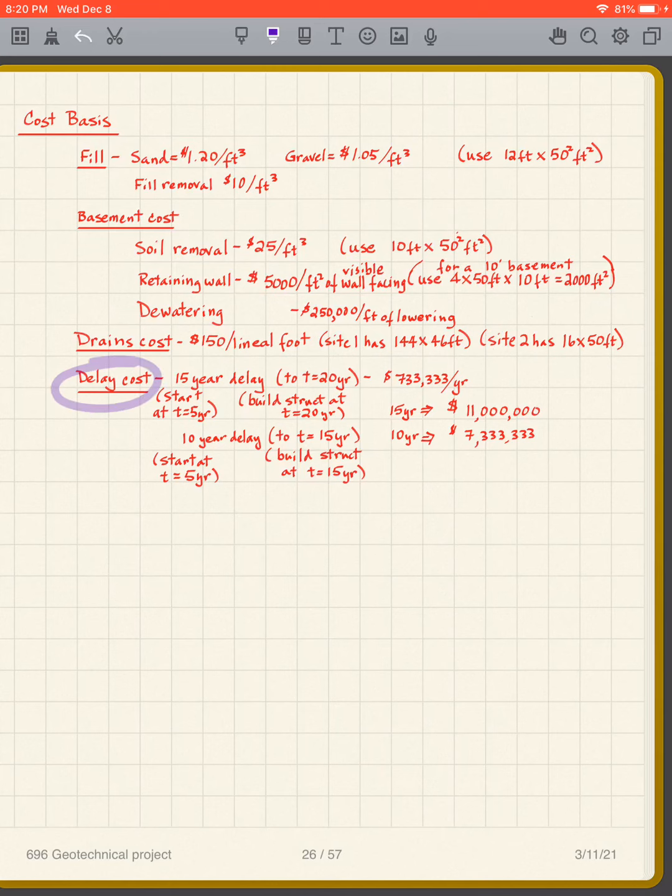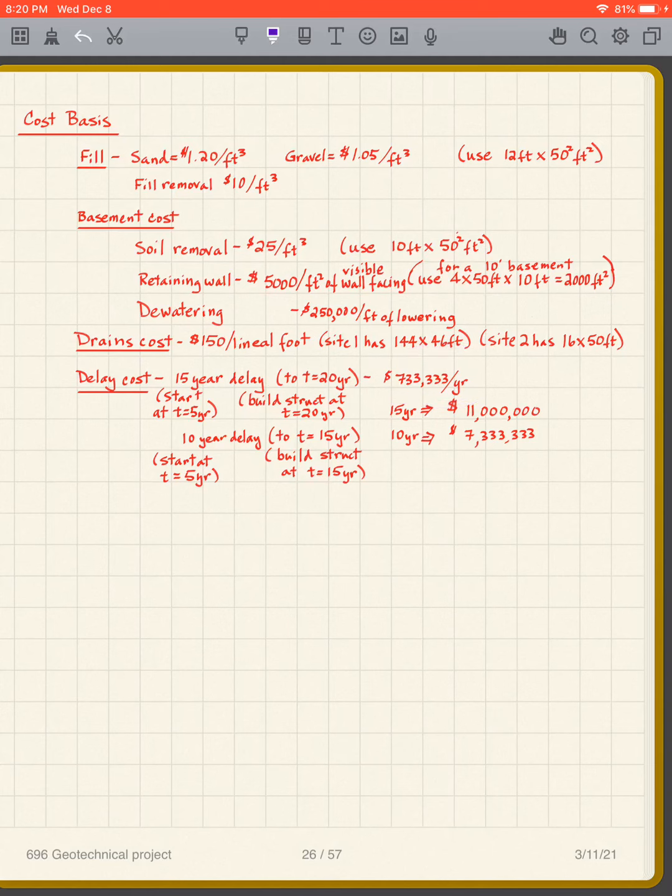We're going to consider a delay cost. So what does that mean? In other words, if we put up our building at 5 years, we get more use of the building than if we put it up at 20 years. We get 15 years more. So there could be a 15-year delay. That costs the builder some money because he's not getting any rent from his building. And so we're going to say that the delay is going to cost $733,000 per year.